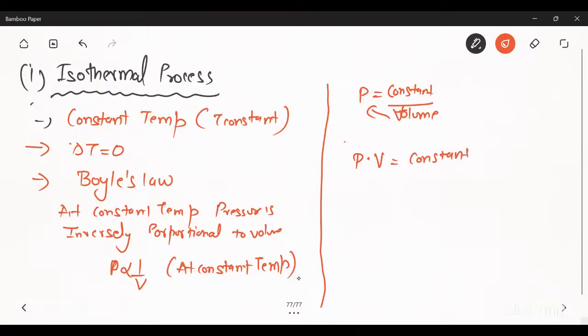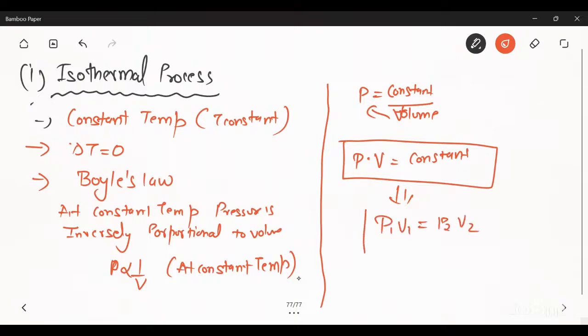PV is always constant. So the condition is P1 V1 is equal to P2 V2. This is the isothermal process, in which the temperature is constant, the change in temperature is zero, and Boyle's law applies.